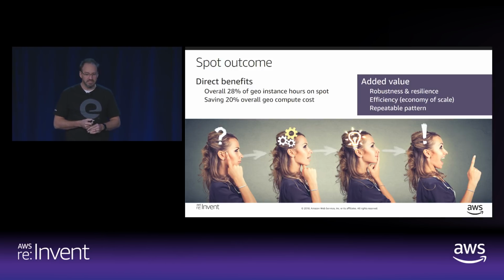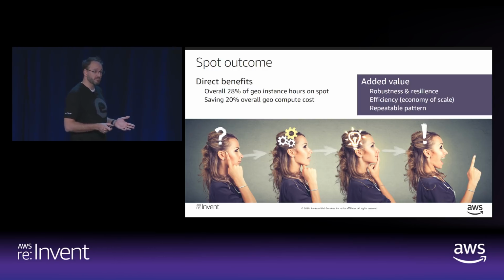Working out this resiliency muscle gave us a big boost so that our services are closer to this ideal of bending but not breaking. We are now operating in a state where losing instances, whether it is Spot or AWS maintenance or health check failure, is part of our day-to-day routine. But most importantly, now we have a method, a pattern that we can reapply across the organization to be more resilient and to save money at scale.